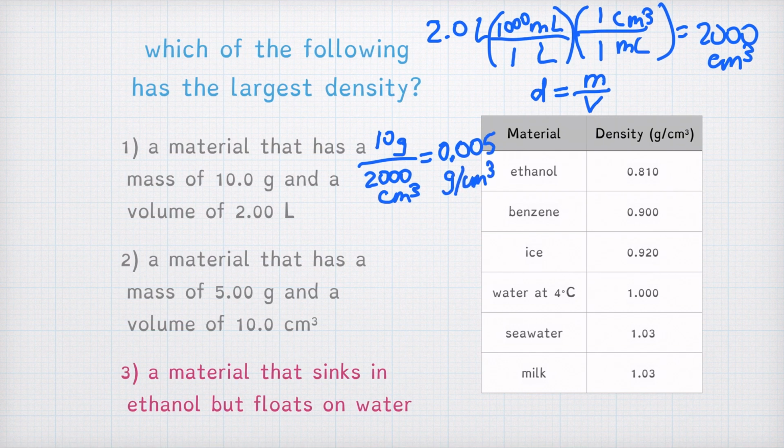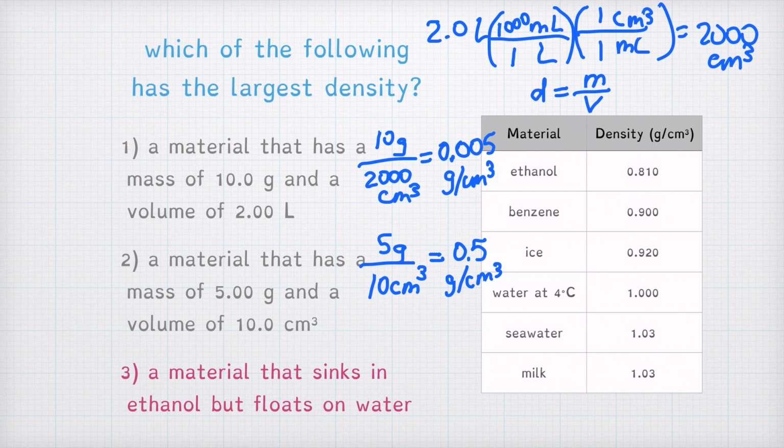The material described in number 2 has a mass of 5 grams and a volume of 10 cubic centimeters. So if we do 5 grams divided by 10 cubic centimeters, this gives us a density of 0.5 grams per cubic centimeter. And then finally, to assess the third material, it sinks in ethanol but floats in water.